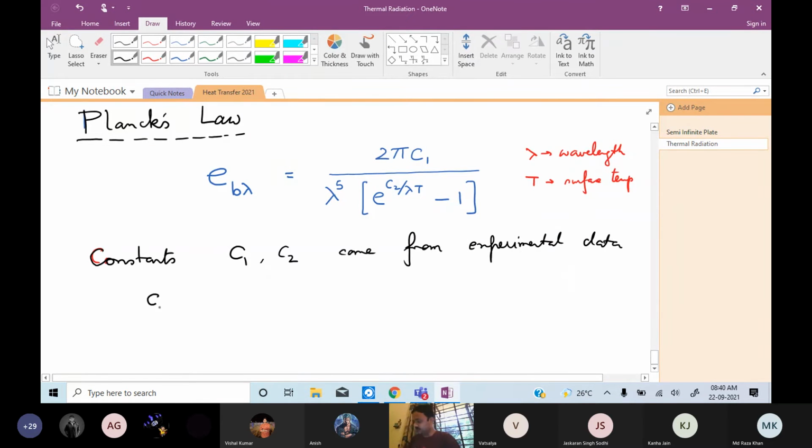C1 is 0.596 into 10 to the power minus 16 watts per meter squared, and C2 is 0.014387 meter Kelvin.